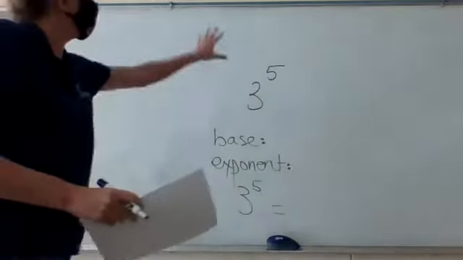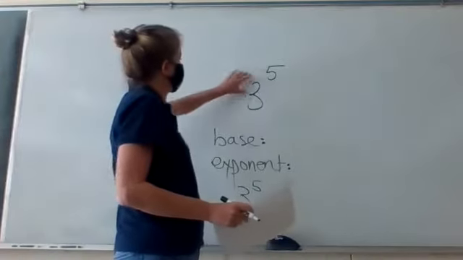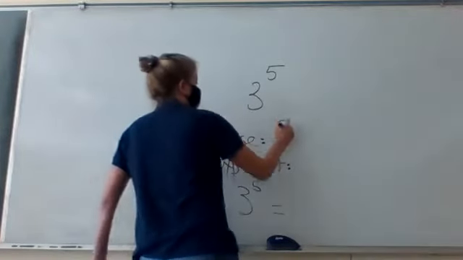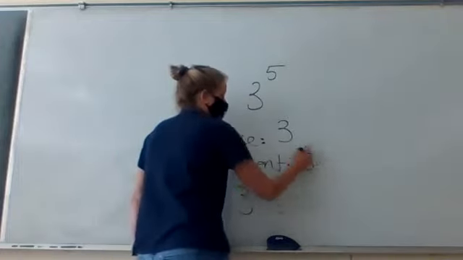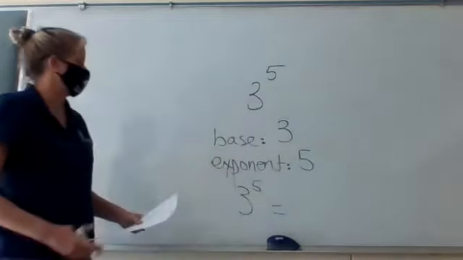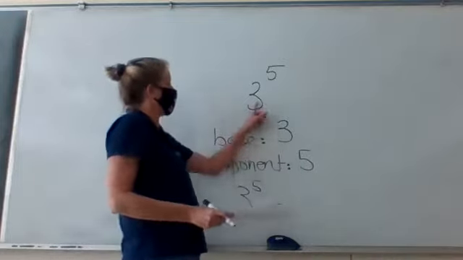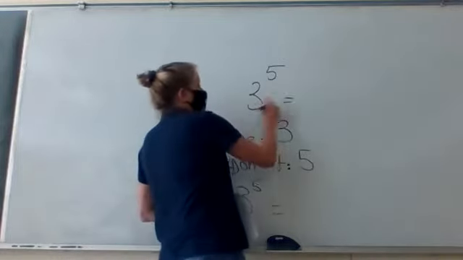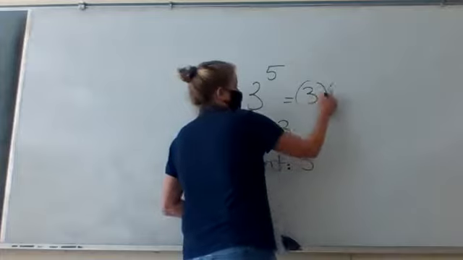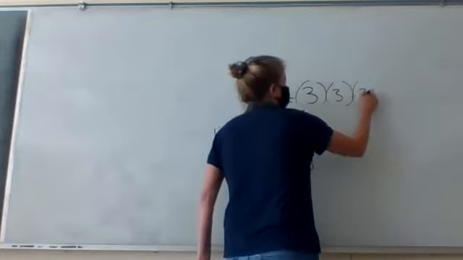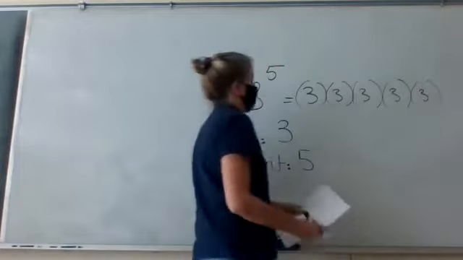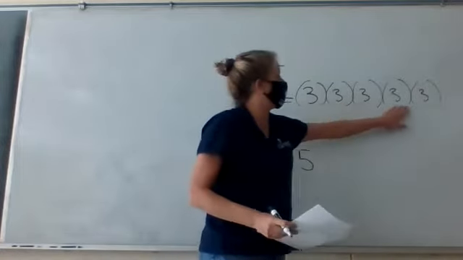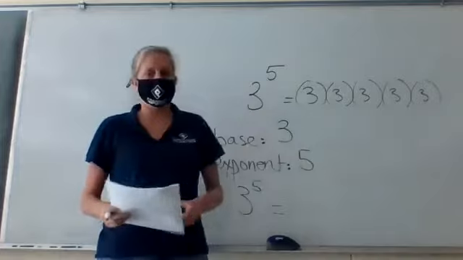So in this representation, which one is your base? The main number, 3, is your base. The exponent is that 5. So what does that tell me? That tells me I need to multiply this base number together 5 times. So 3 times 3 times 3 times 3 times 3.